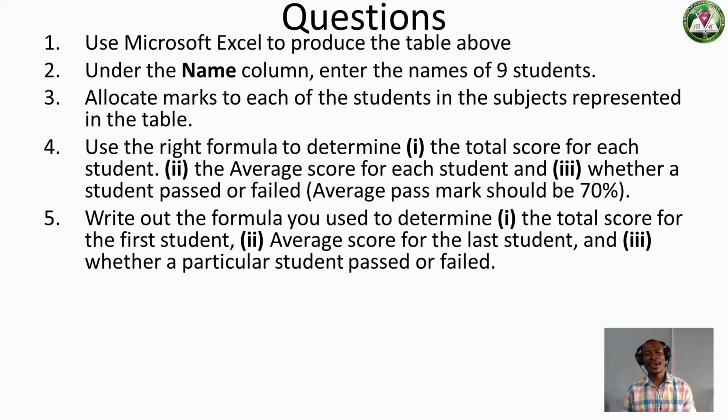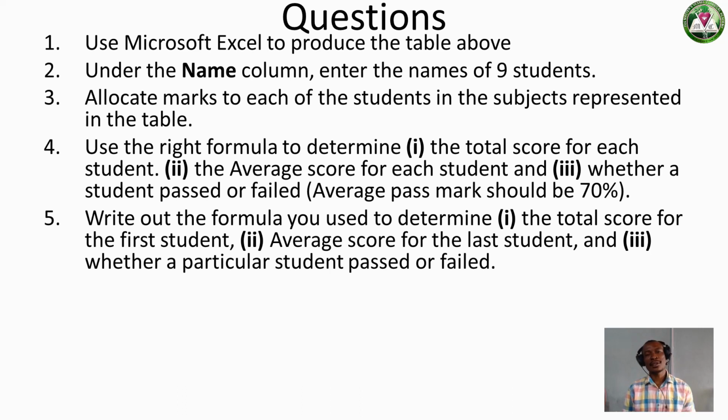And III, what formula did you use to determine whether a student passed or failed? Do you get that? So in this case now, that is where the if function will come in. So I want you to write it down. The formula you use to determine whether a student passed or failed. Okay? Alright.